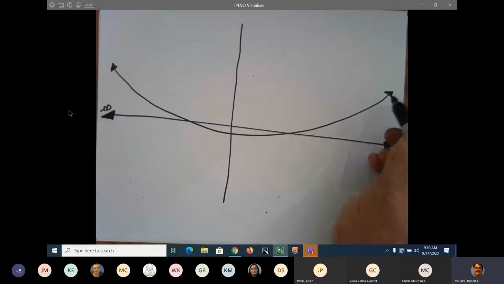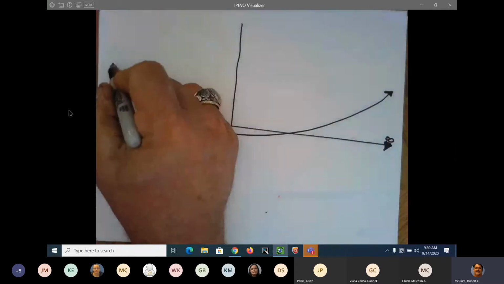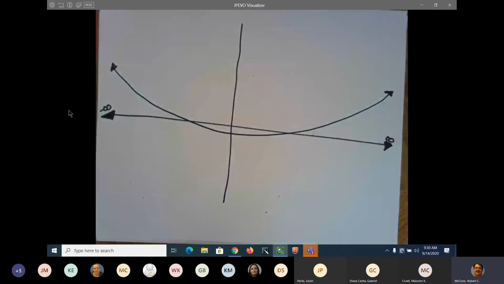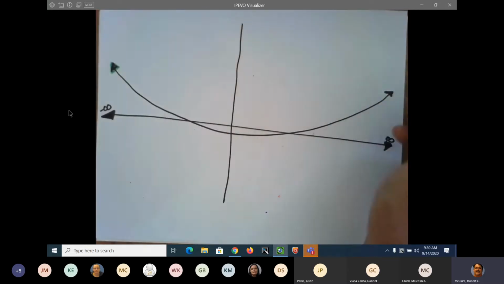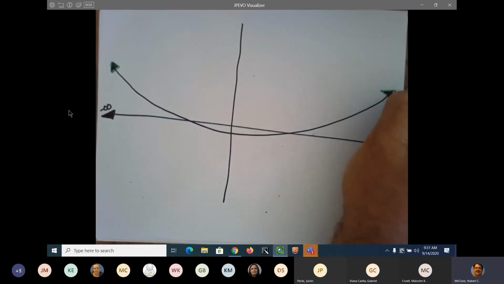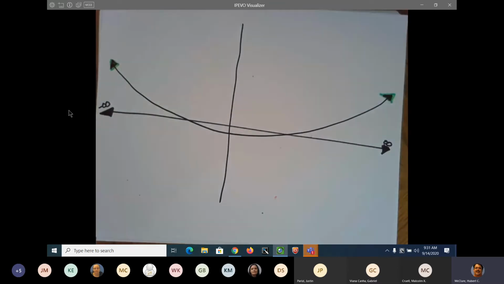Well, when you have arrowheads on a function, then chances are your domain is going to be all real numbers, because remember when I told you about functions, what is the domain? That's the water going in the ice machine.